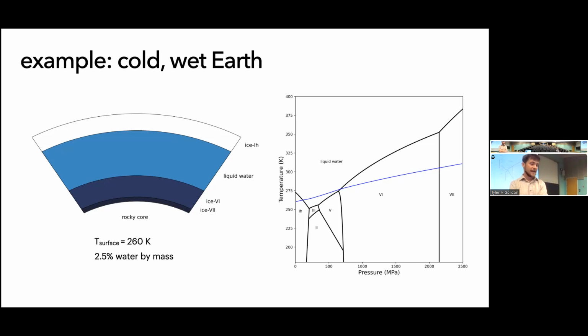On the right, I have a track in pressure temperature space superimposed on the phase diagram for ice. So you start out at the surface at the very left of that diagram in the ice 1H regime. And then as you move towards the interior, you increase in pressure and temperature and move diagonally across that plot through liquid water and then into the ice 6 and eventually ice 7 regimes.